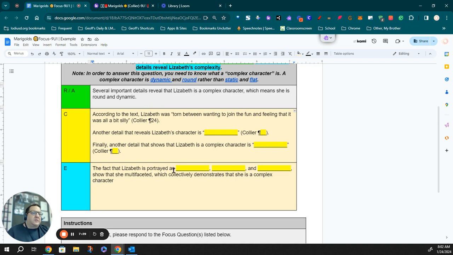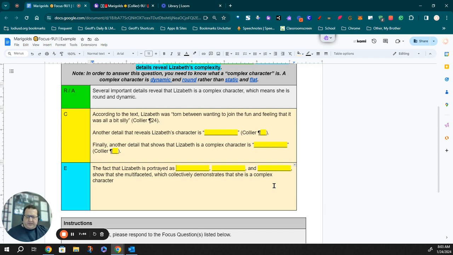So the fact that Elizabeth is portrayed as, and I guess I could use torn, is portrayed as feeling torn between, but I'm not just going to repeat the quote.